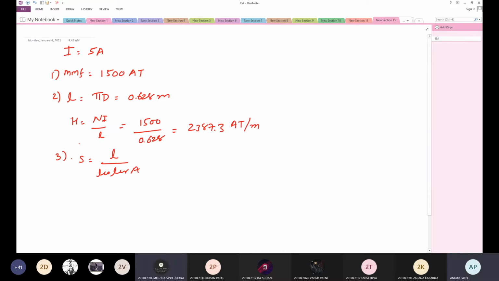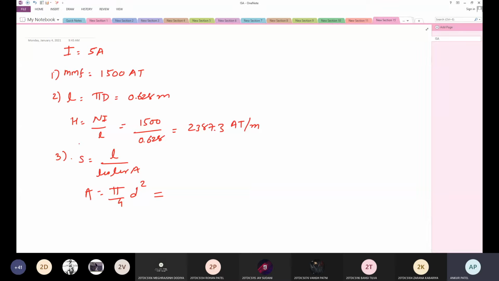No, sir. So how to find area? A is equal to pi by 4 d square. We know the equation, area is equal to pi by 4 d square for the circular ring.